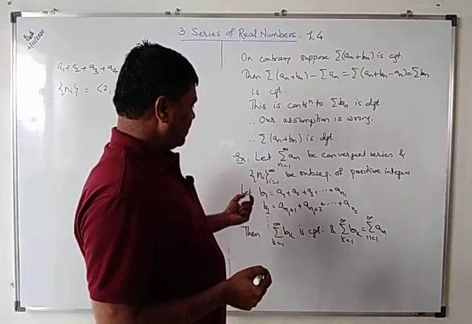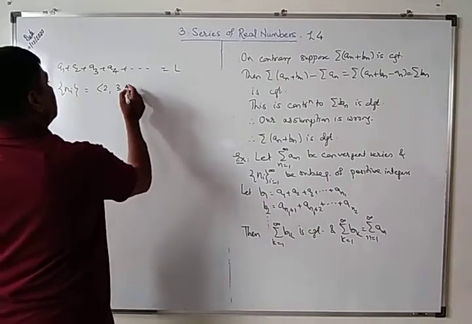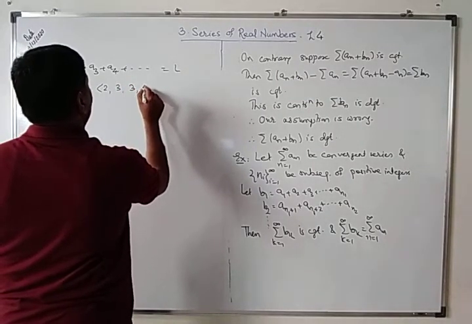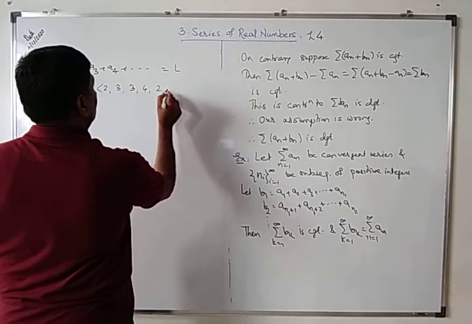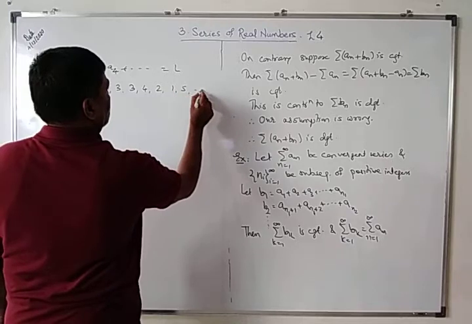So I am taking 2, 3, then 3, 4, 2, 1, 5 and so on.